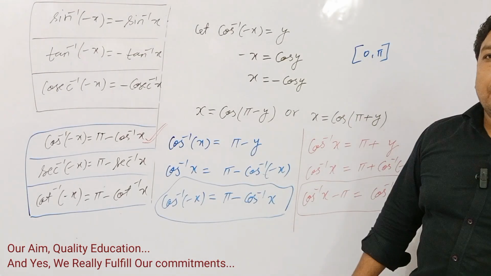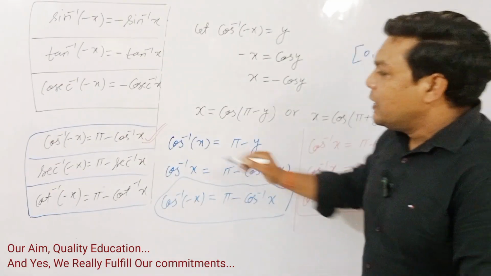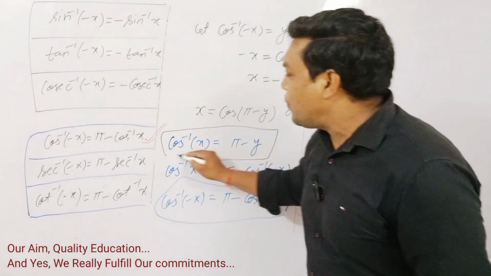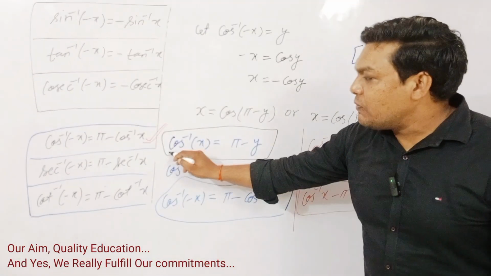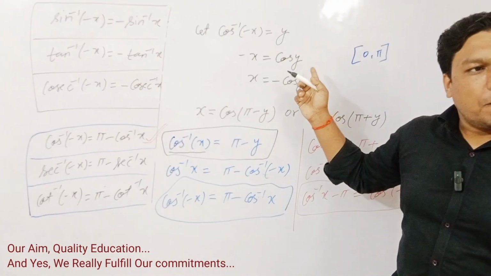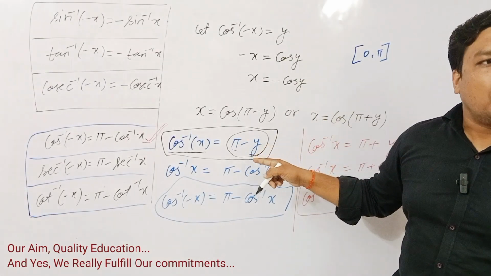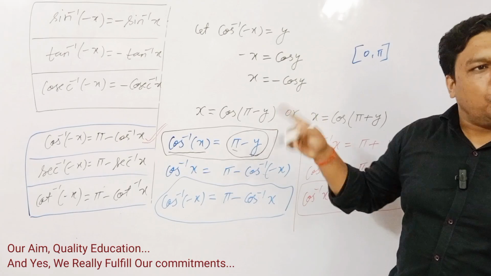0 to pi. Now look at this step, it is very important. It is cos inverse of x. This is the cos inverse function, so its output must be from 0 to pi. It is pi minus y. Is it within the PVV or not? Yes, pi minus something will give you a value within the PVV.